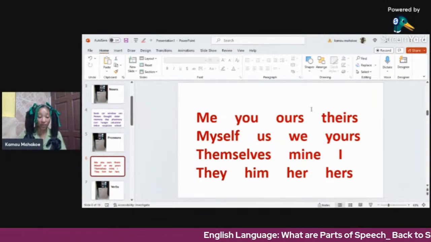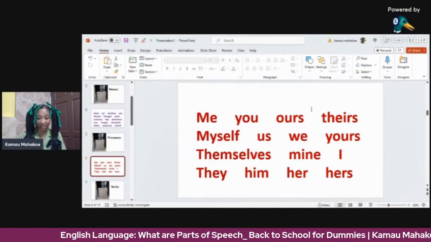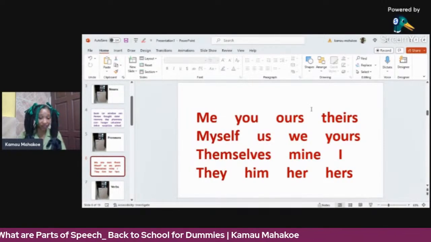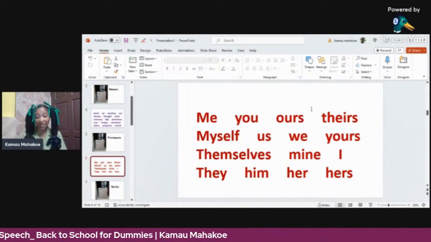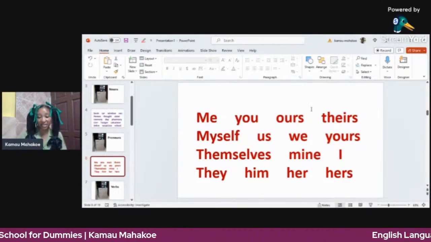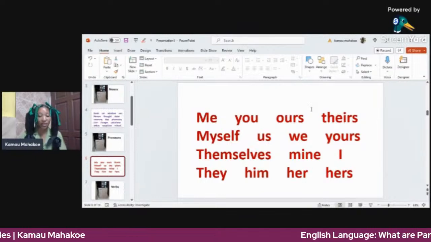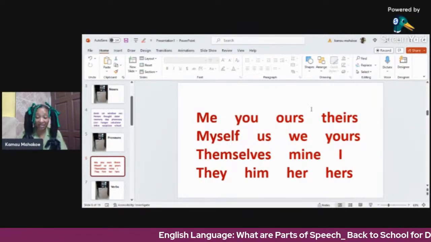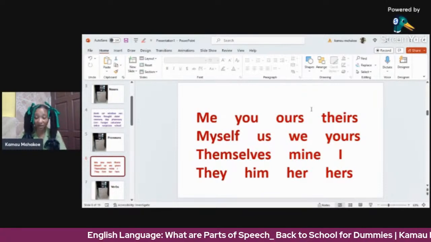So pronouns help you to limit the space that you take up in your writing. It helps you to eliminate repetition. So you might start off maybe the first sentence or two with actually listing out the names of the persons who you're referring to. But every sentence, you don't have to keep listing out their names.